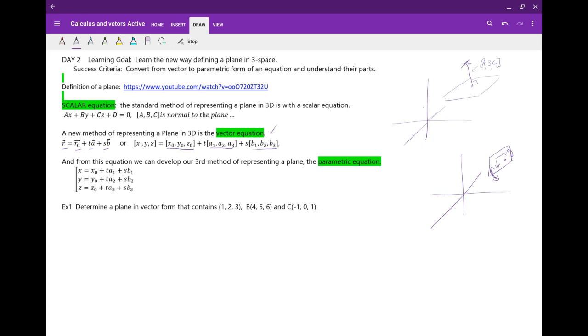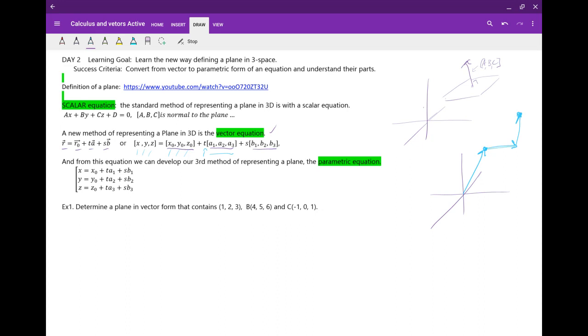So basically this works the same way that a line works, right? This vector equation says you can find any point on your plane, x, y, z, by going to a starting point, then going any distance in one slope, and then any distance in another slope, and you found a point on the plane, right?